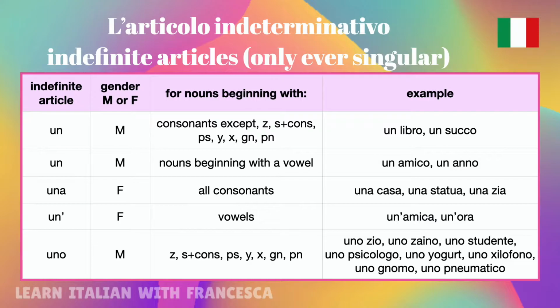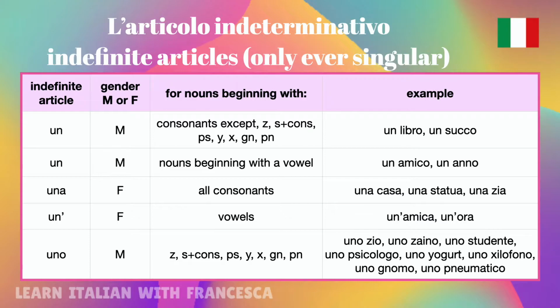In the third column, we have una, singular, feminine, used for nouns beginning with any consonant. For example, una casa, a house. Una statua, a statue. Una zia, an auntie.